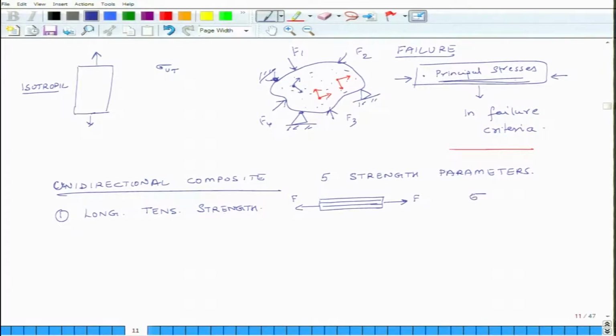So, you can call it sigma, because the stress is being applied in the L direction here, we call it sigma L, and because it is in tension we call it sigma LT, or it may create confusion because I do not want T to be confused with the T direction. So, sigma L and U. U is the ultimate tensile strength. Okay. Similarly, you have longitudinal compressive strength.